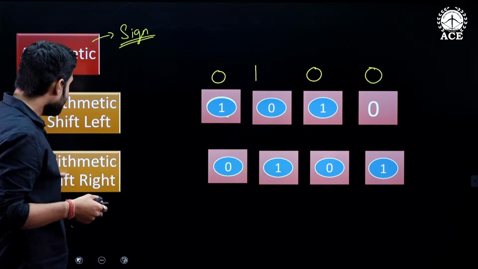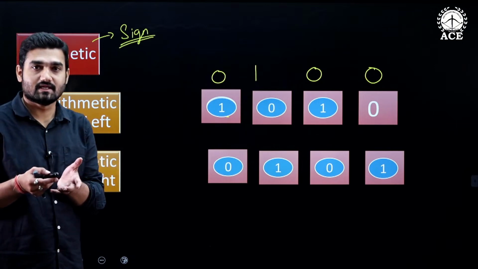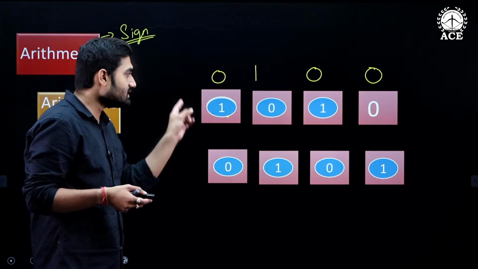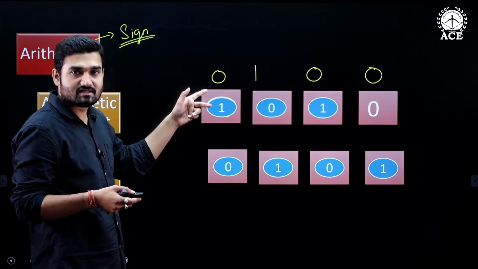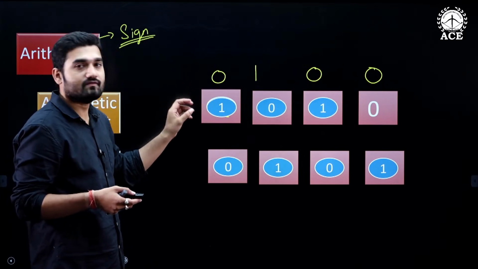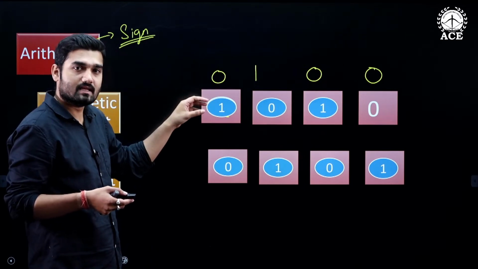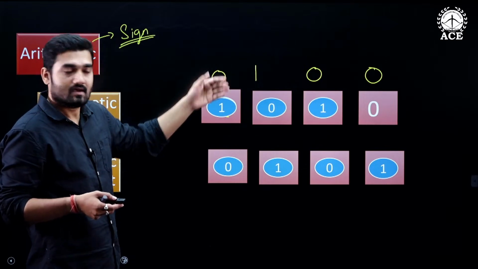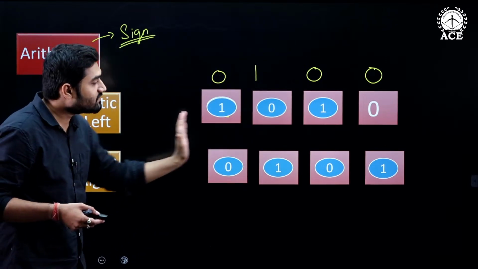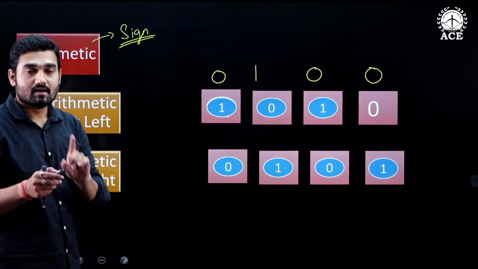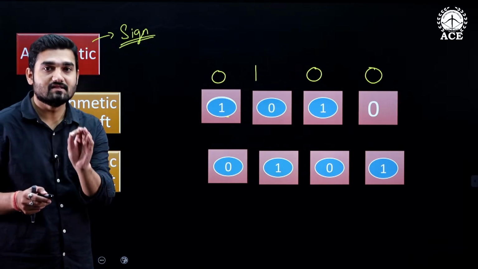Okay, fine. Now for arithmetic right shift, do we need to maintain the sign or not? When we are doing the left shift, whenever we lose the sign, we say there is an overflow, and we need to check that part. But if we are doing arithmetic shift right, please remember, we have to maintain the sign.